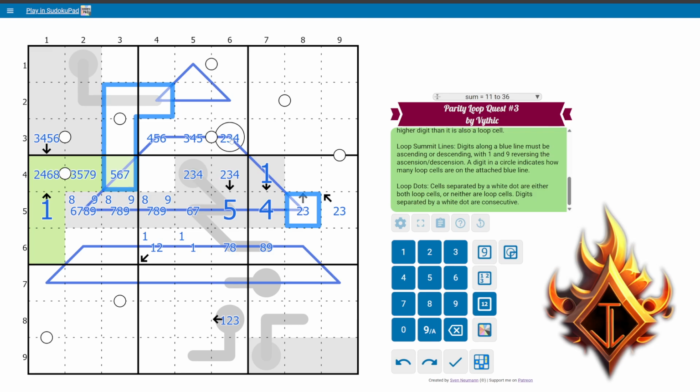So that would be 2. That would be 3. That would still be 4, 5, 6. But then we could maybe come straight through. That would be 1, 2, 3. 1, 2, 3, 4 odds right there.